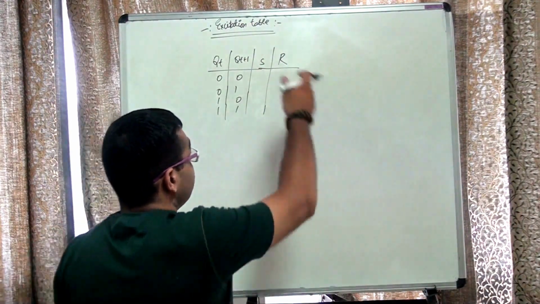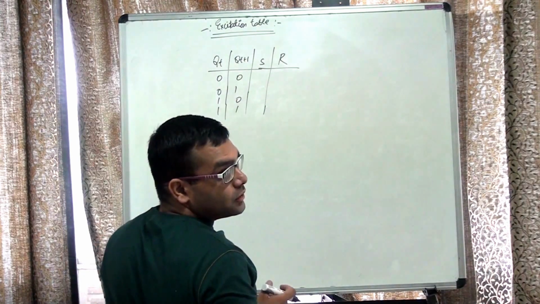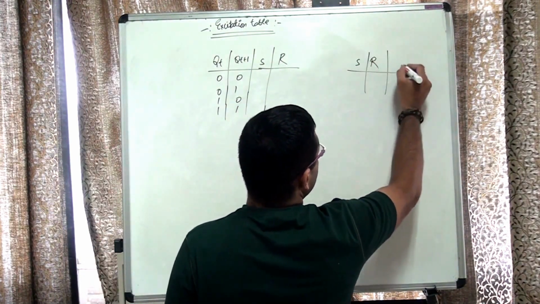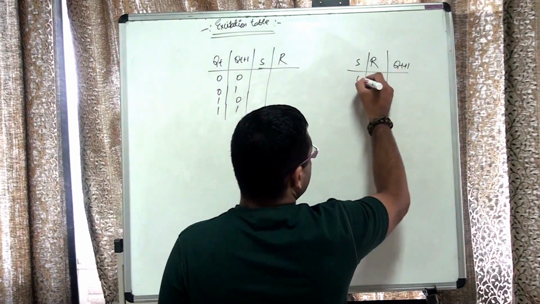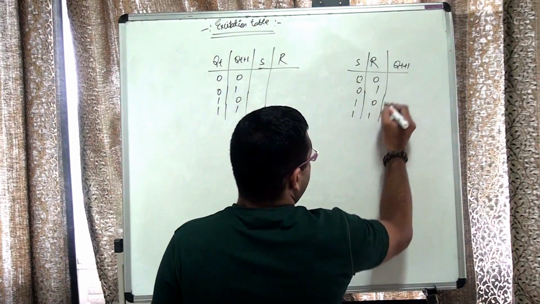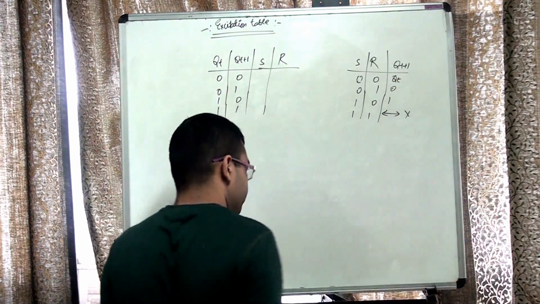Okay, so let us see how. Now, let me first of all draw the truth table also of the SR flip-flop for your reference. This is Qt, 0 1, and this is not different.